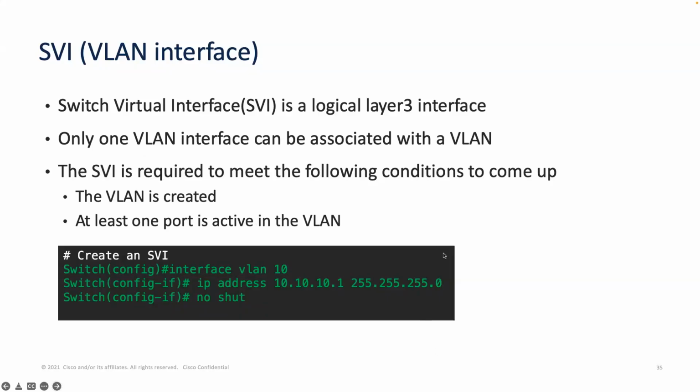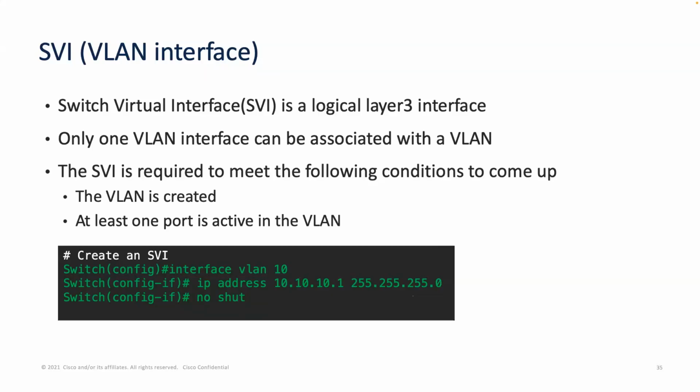There are mainly two reasons that make the SVI go into protocol down status. The first one is that the VLAN the SVI maps to is not created, which means you need to create the VLAN first and then create the SVI mapped to that VLAN.